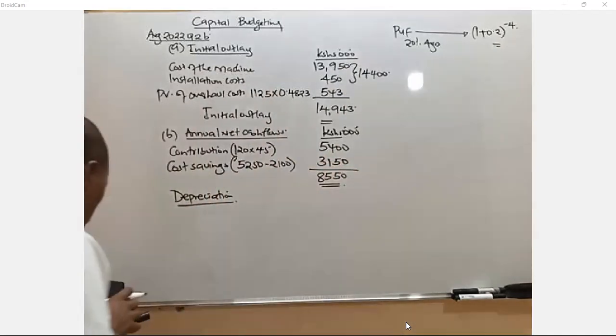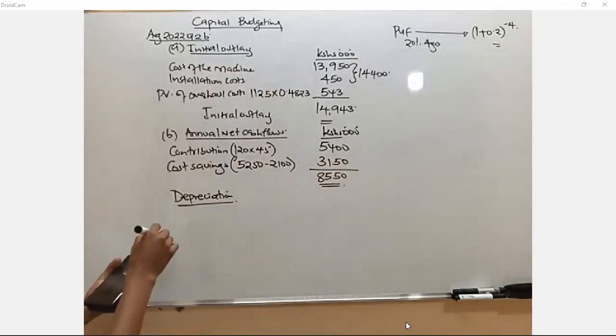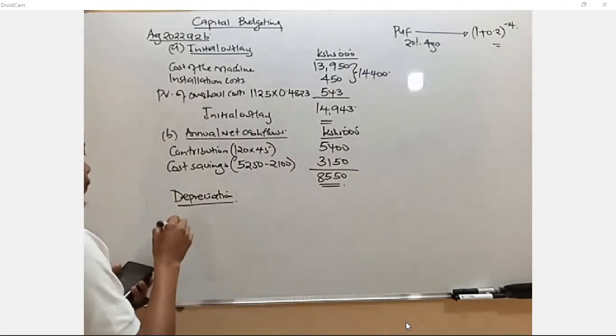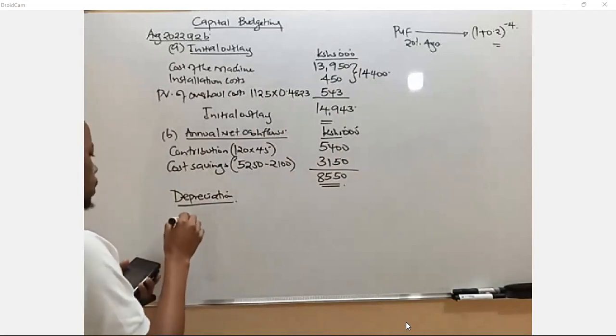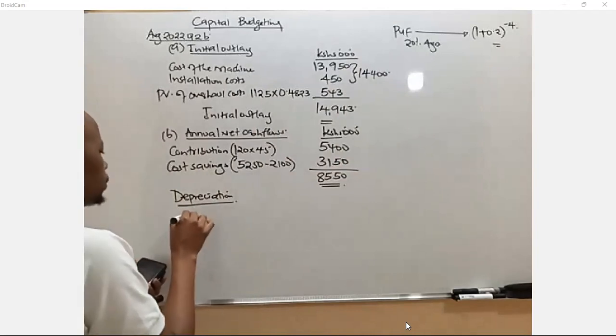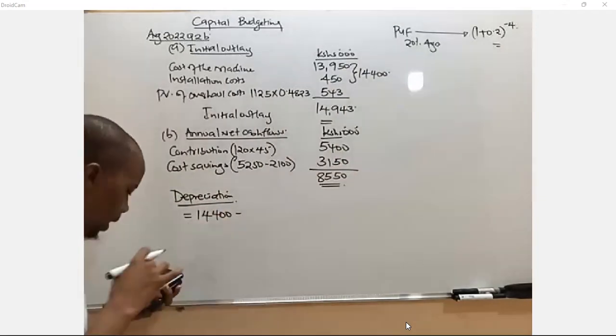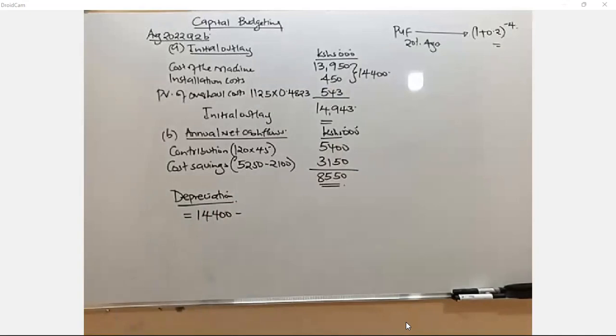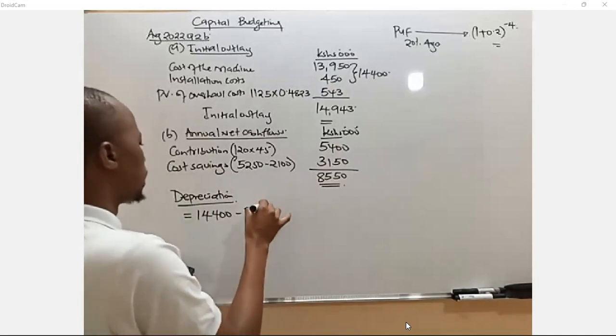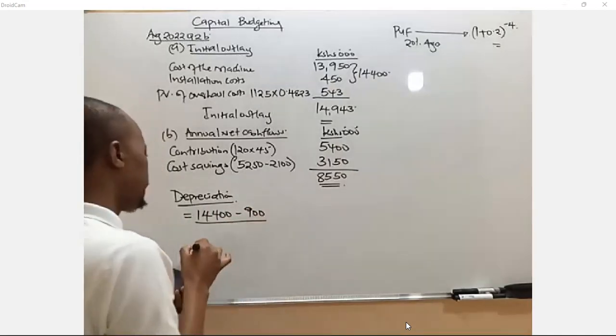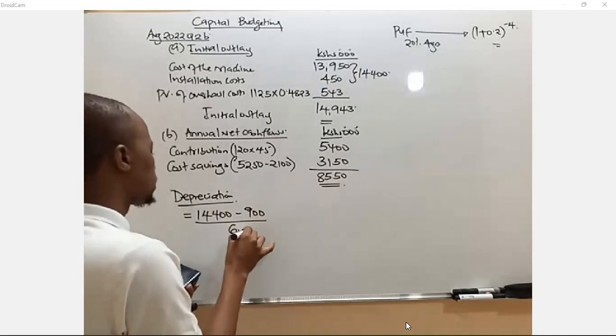So in this case, can I take the cost of the new machine? It will be very simple. The cost of the machine will be equal to 14,400, minus what we have been told in the question: after 6 years, the machine will be disposed at 900. Then we divide it by 6 years, correct?